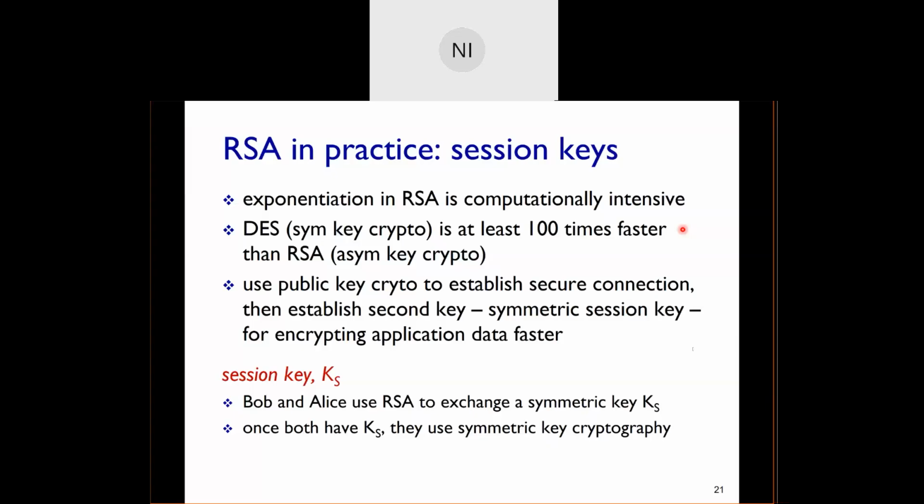Nowadays, in modern HTTPS, with the TLS 1.3 standard, they have deprecated RSA and started relying more and more on elliptic curve cryptography because the key sizes are small. They are not like 1024 and 2048 bits, just 256 or 512 bits only, but they are as strong as RSA.